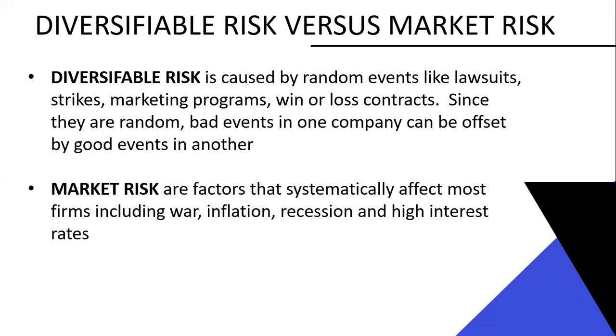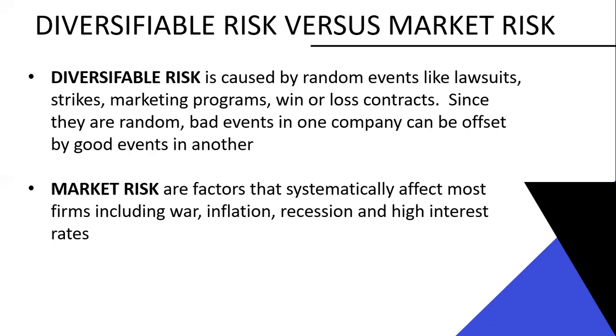Now, diversifiable risk is events that are happening in a company that affect its stock price. These could be random events, like a lawsuit, maybe a company is sued, or there's a strike, or they lose contracts or win contracts, something happening to one company. But it's diversifiable risk, because let's say you have 5 companies in your stock portfolio.